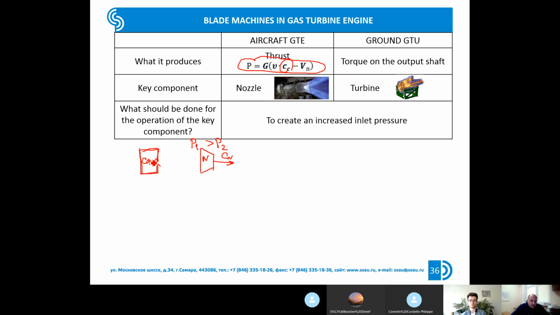But this engine, which consists only of these two elements, will not operate. Why? Very simple. We need to supply mechanical work to the compressor to rotate it. That's why we need a source of energy which will drive the compressor.